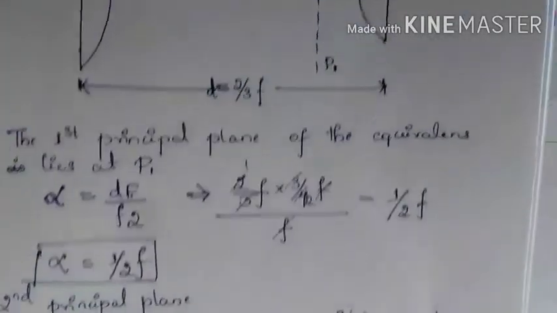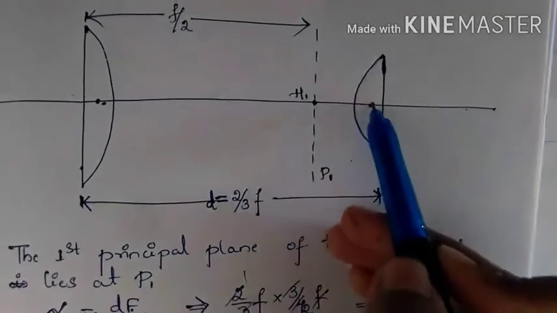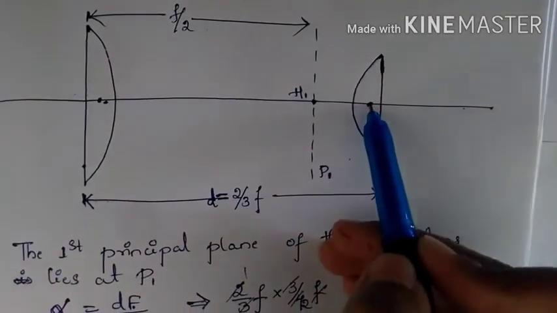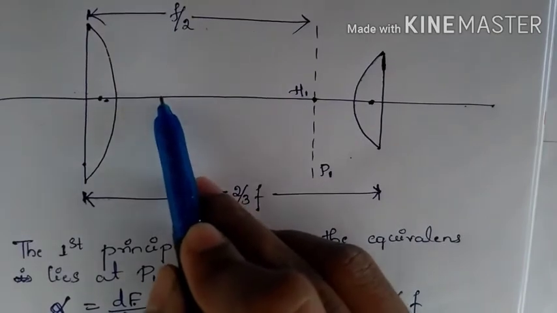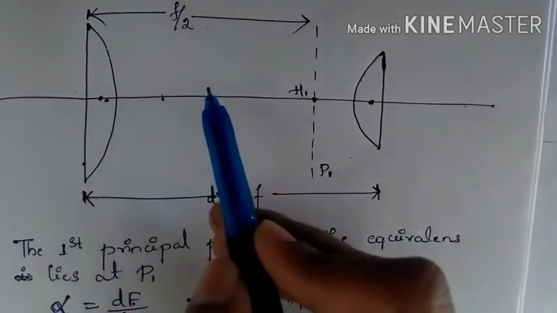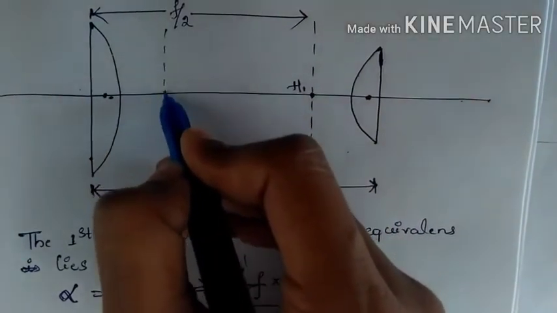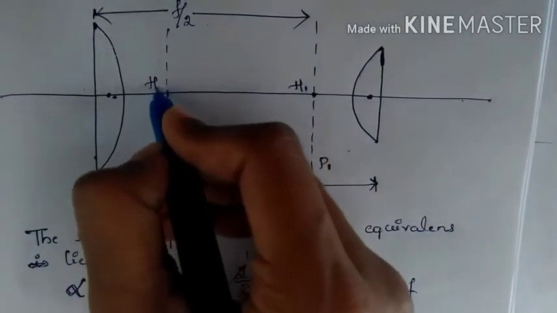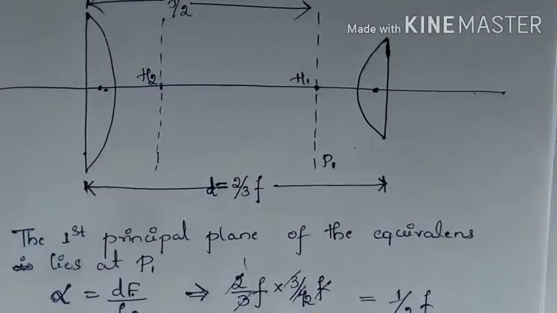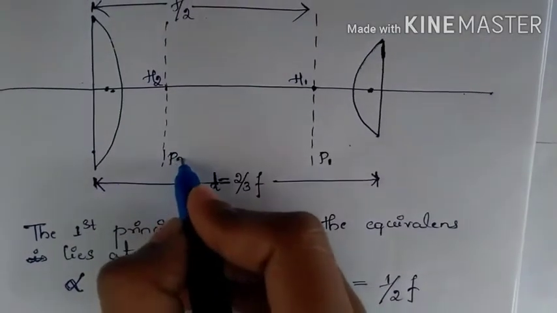So you can take a distance from the eye lens. So from here you have to go minus f by 2. So again 0.5f. So that might come somewhere here. So this is H2. Second principal plane P2.